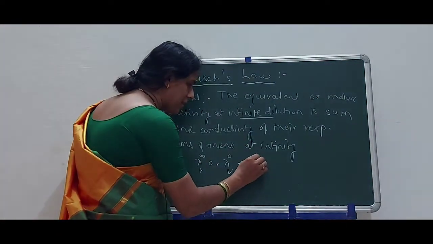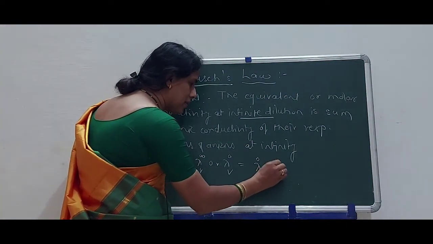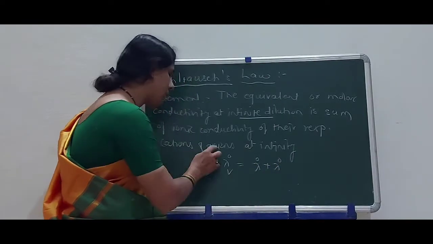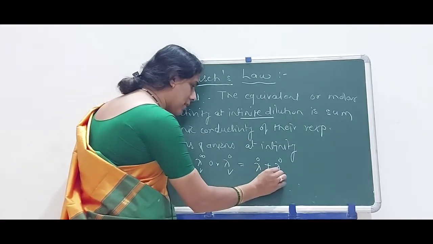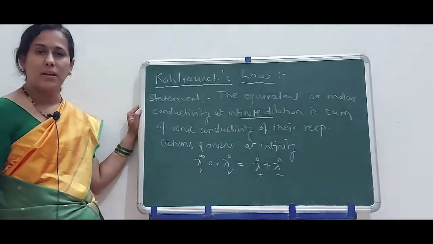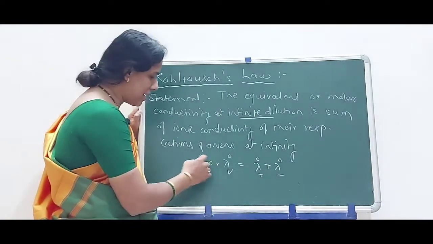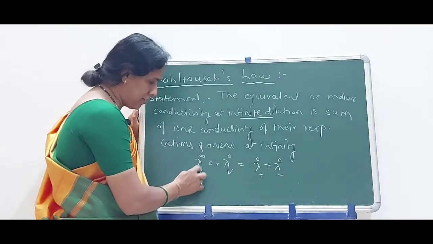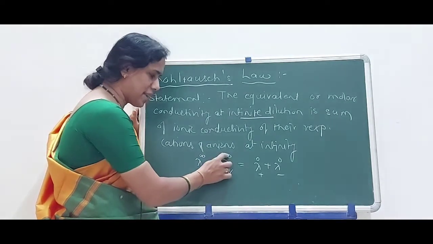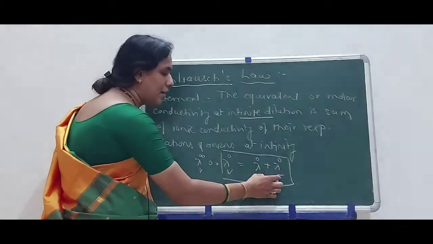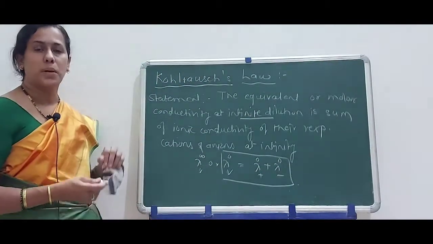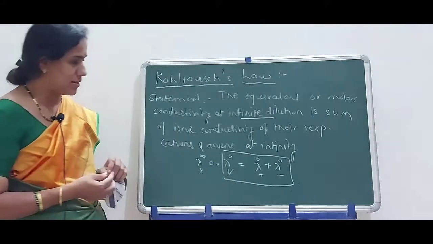That is lambda infinity plus lambda infinity, for cations plus and anions minus. Mathematically, lambda v infinity is equal to the sum of ionic conductivities of their respective cations and anions.